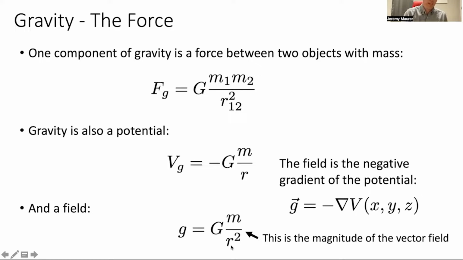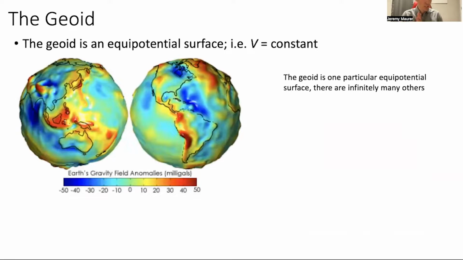So if we were to plug in numbers for the Earth, where we set the distance to be the radius of the Earth, we set the mass to be the mass of the Earth, we would get a value for little g, which is about 9.8 meters per second squared. So what does this look like? This is an image here of the geoid. It's one representation of the geoid. The geoid is an equipotential surface where the gravity potential is equal to a constant.